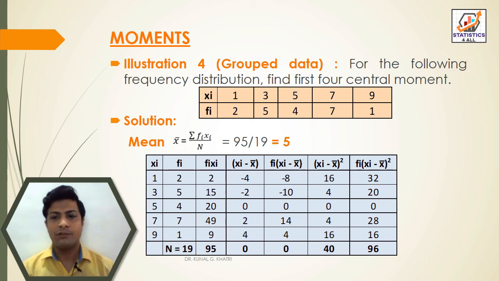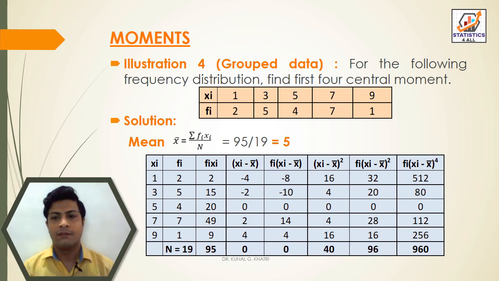For that we have to find fi into xi minus x bar whole square. That is already done. So we'll take the square of this xi minus x bar whole square, and we get the value of fi into xi minus x bar raised to 4.